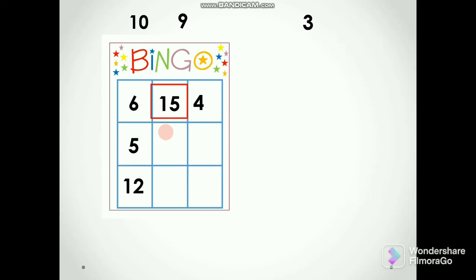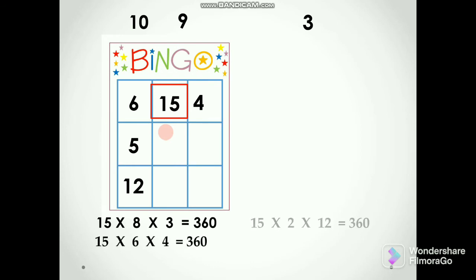So first, for our first bingo card, 15. We have 15 times 8 times 3, 15, 6 and 4, 15, 2 and 12, and 15, 6 and 6. For this case, 15 times 8 times 3.